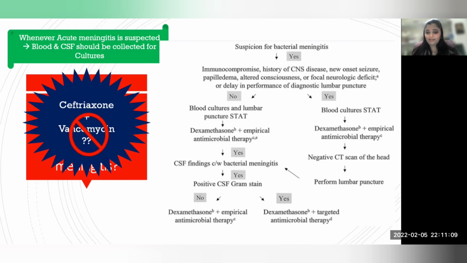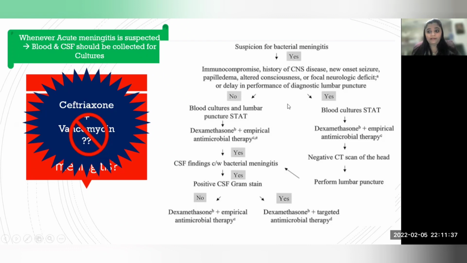Once LP is performed, you have to send the blood culture stat, that is, immediately. Then you will start the patient on dexamethasone with empirical antimicrobial therapy. Next, based on the CSF findings and the CT scan, you will proceed further.